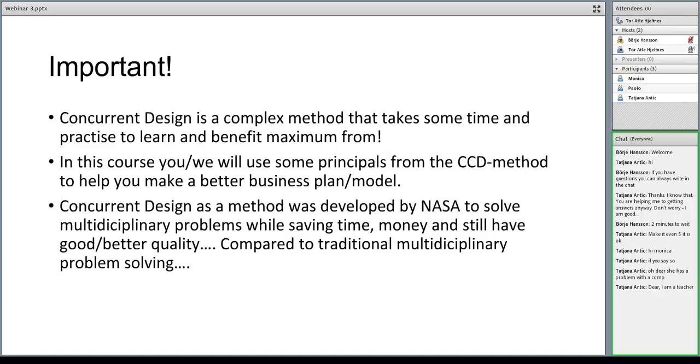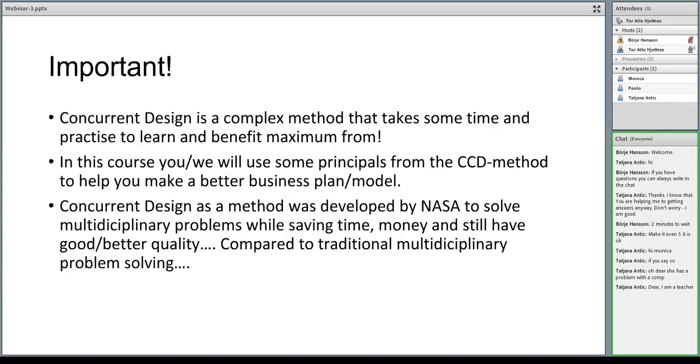And the job of writing a business plan is actually quite a multidisciplinary challenge, because when you start working with the business plan, you realize that you don't just have to know about the basics of your business idea or the product or the service you're going to offer, but you also have to know something about the market, something about financing, something about advertising, maybe something about production, and so on.